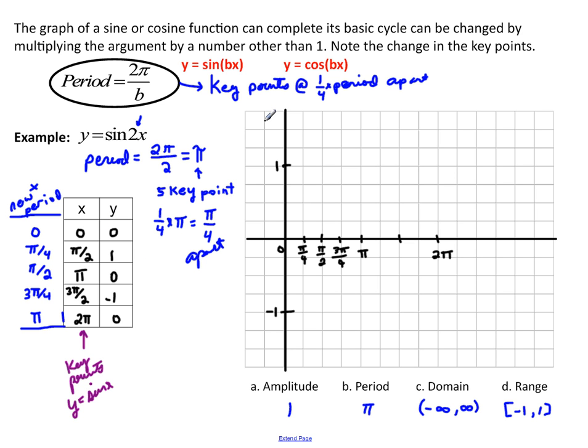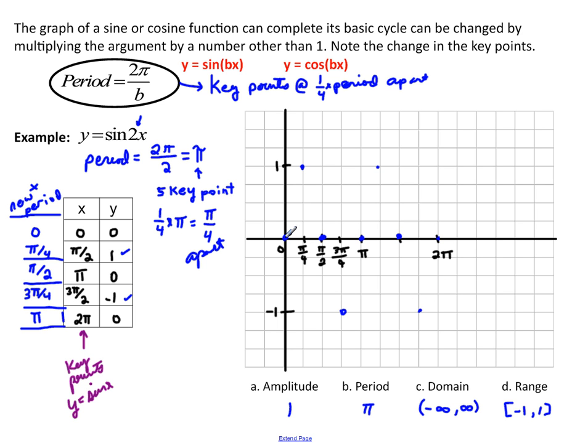So we're going to start our graph at the point 0, 0. At pi over 4, we're going to go to 1 this time. At pi over 2, we're going to go back down to 0. At 3 pi over 4, we're going to go down to -1. And then at pi, we're going to come back to 0. And then we would repeat this same pattern over again.